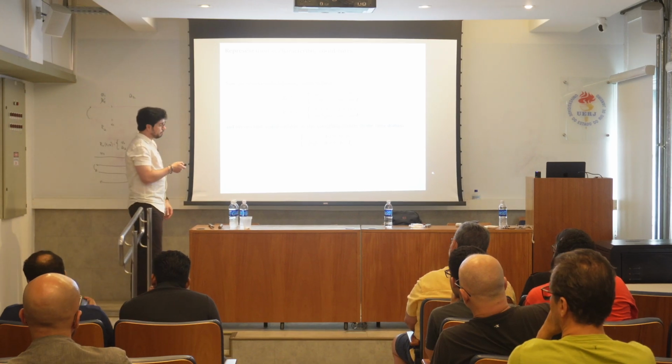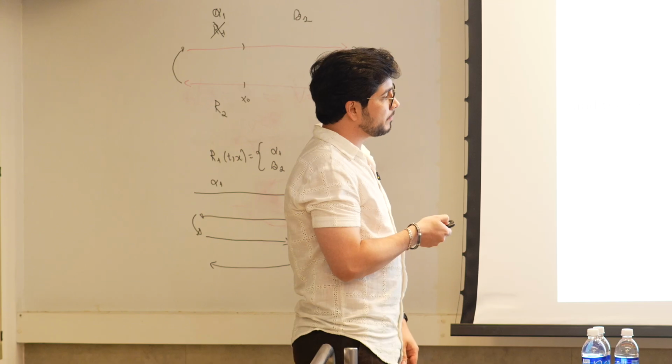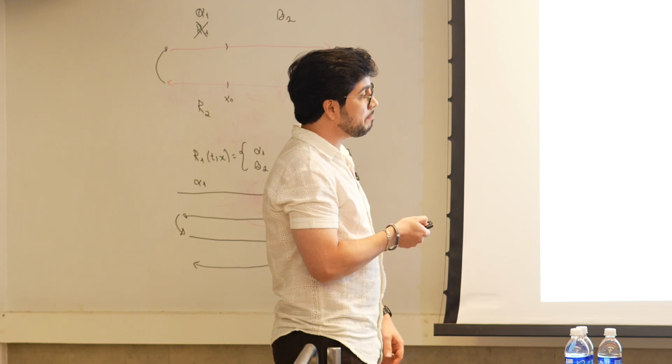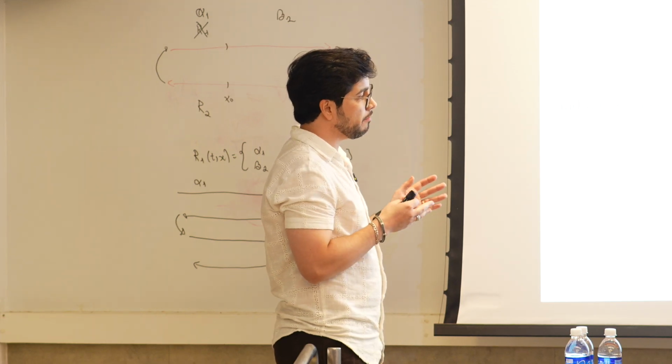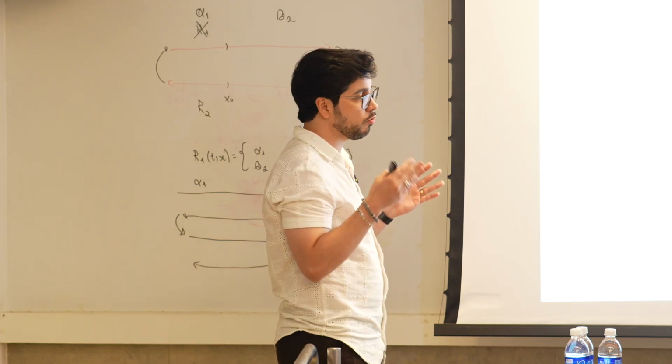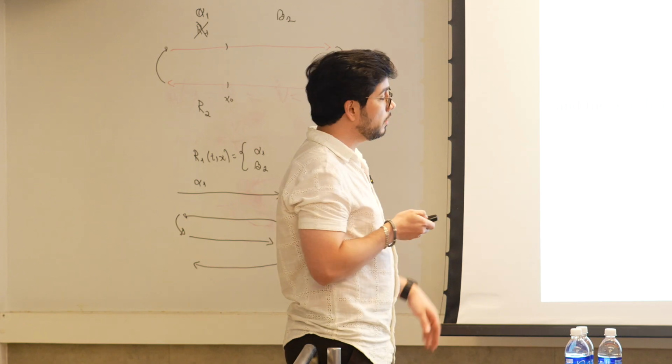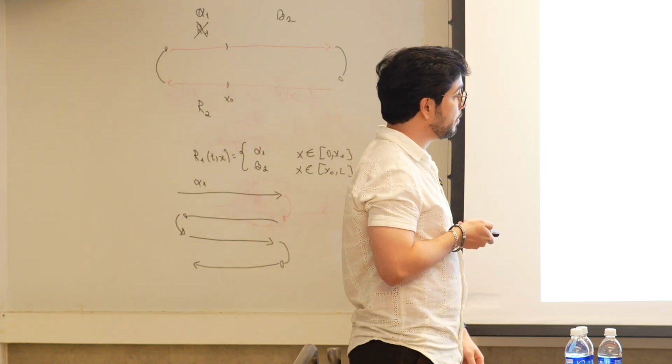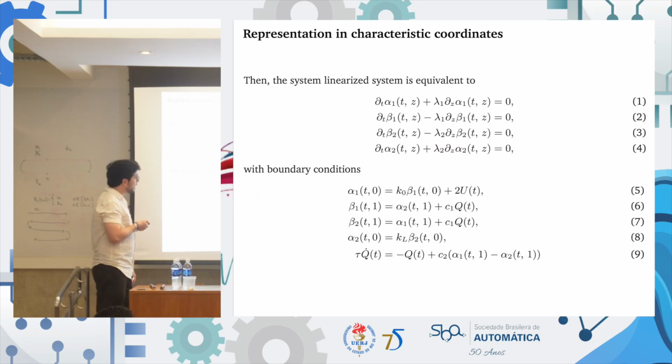And for simplicity, we also rescale the domain so that everything evolves from 0 to 1 instead of 0 to L, the size of the tube. So in the end, we need to stabilize these dynamics.